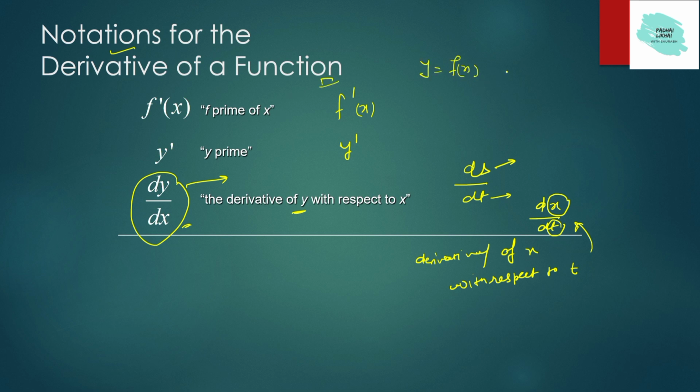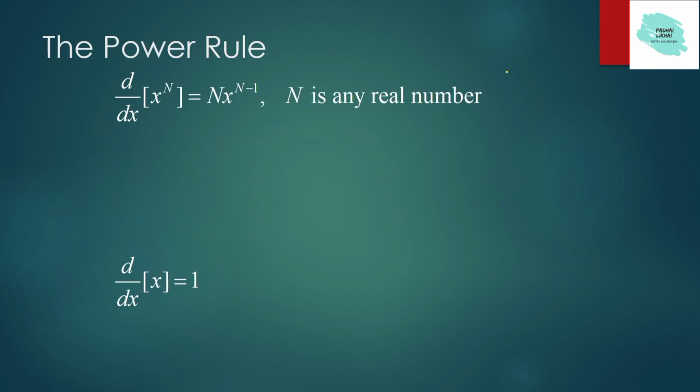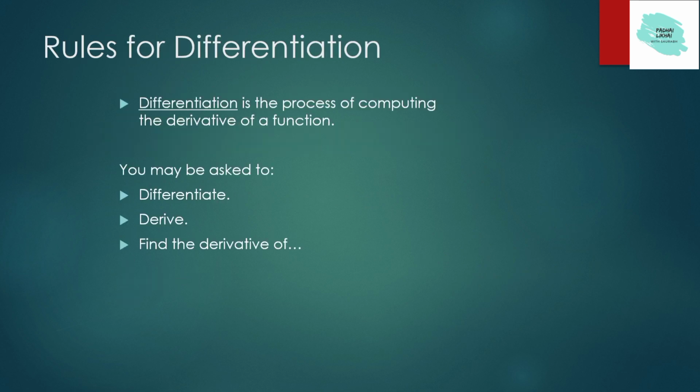Fine. Further, we move to rules for differentiation. Differentiation is the process of computing the derivative of a function, that is, the process in which we compute the derivative of a function is called differentiation.